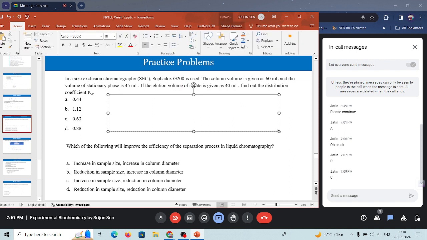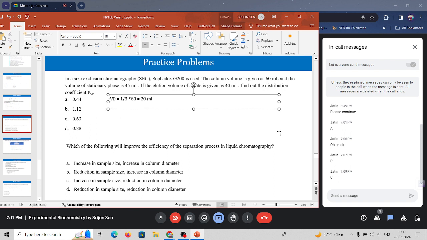So let us first write down what is mentioned. V0, that is your void volume, is 1/3 of the column volume, so 1/3 into 60, that is 20 ml.